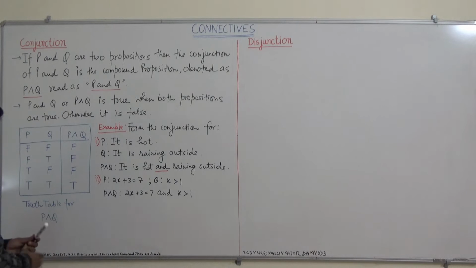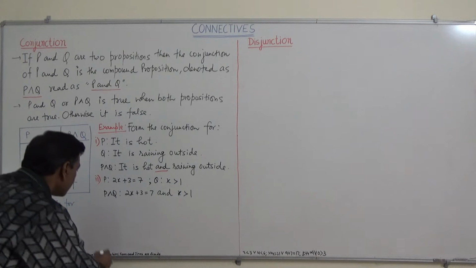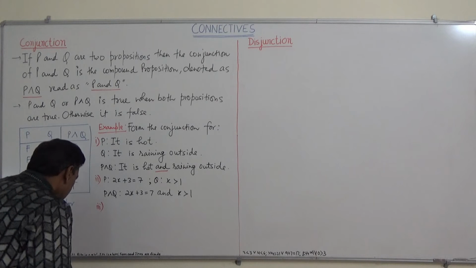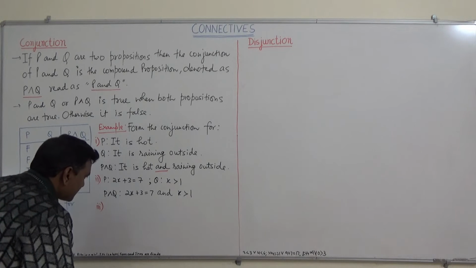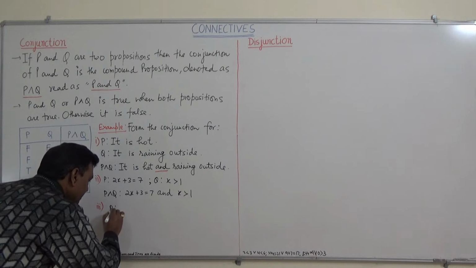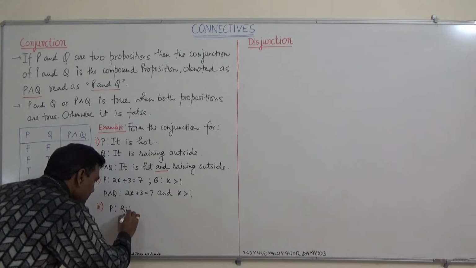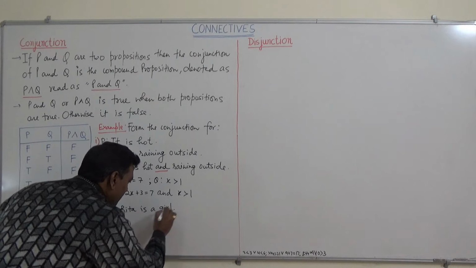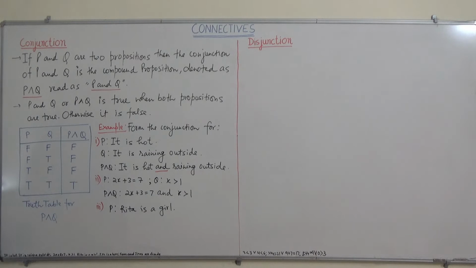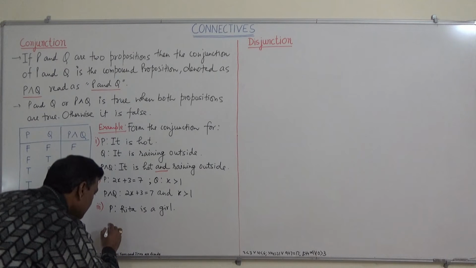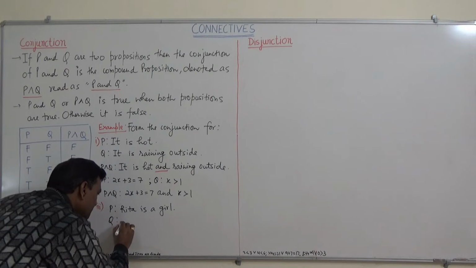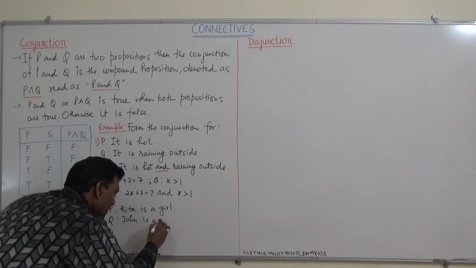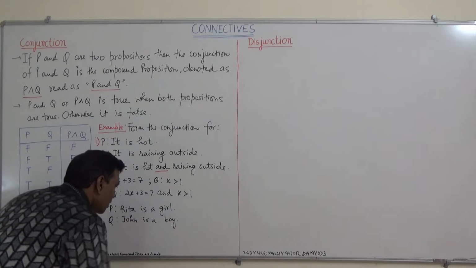And the third example. Let us say P is Rita is a girl, and Q is John is a boy.